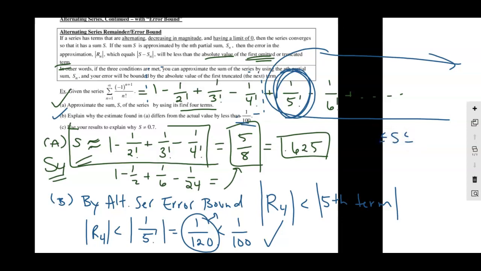Now, if I were to take my partial sum, which was, I guess, the 5/8. Okay, so we had the 5/8. If I were to think about my maximum error, which was this, I don't have it as a decimal on my page, so I'm just going to have to use fractions.